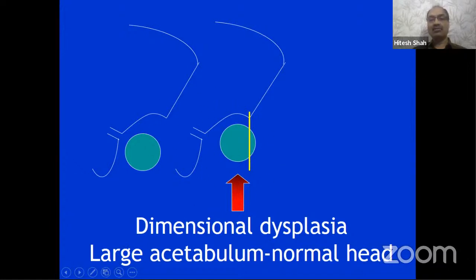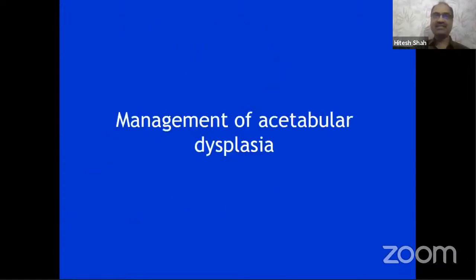The size of the acetabulum is larger compared to the normal femoral head. And these are the types of dysplasia. Directional dysplasia, where the acetabular inclination is more and the size is normal. Dimensional dysplasia, where the femoral head is normal, but the size of the acetabulum is smaller or larger.